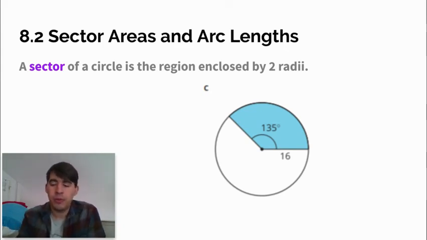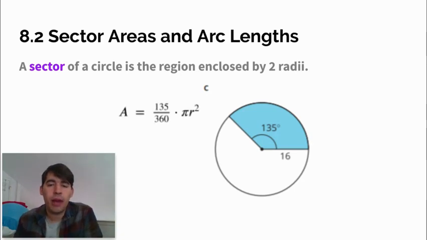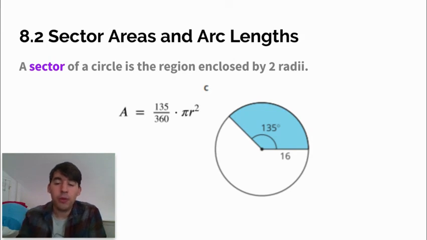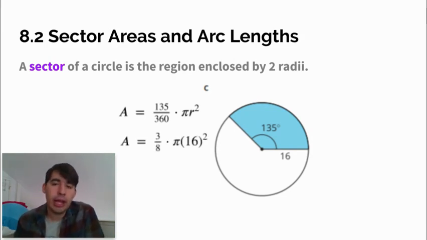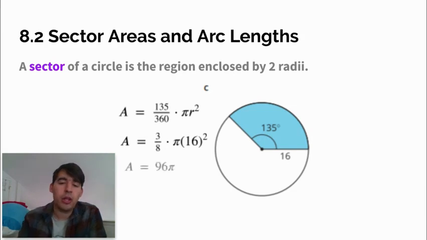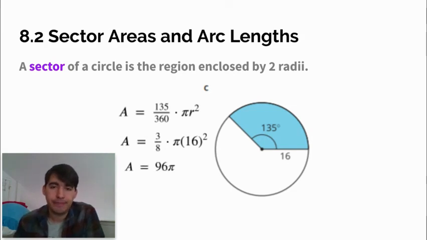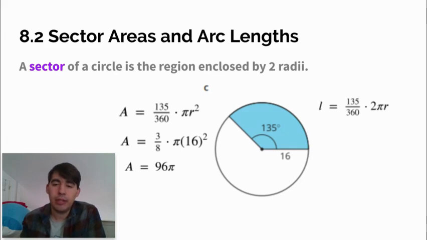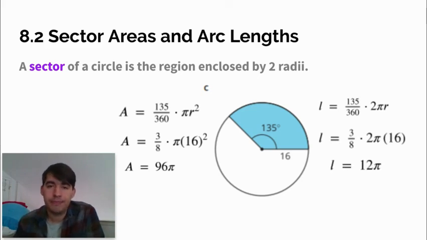But if we use our formula, I can simply take 135 out of 360 and then multiply that by the regular area of this circle. 135 out of 360 turns out to be 3/8, and if I multiply that by 16 squared, we end up with 96 pi. And for the length of the arc, same idea, take the fraction of the whole circumference, so that's 3/8 of the whole circumference, and we end up with 12 pi.